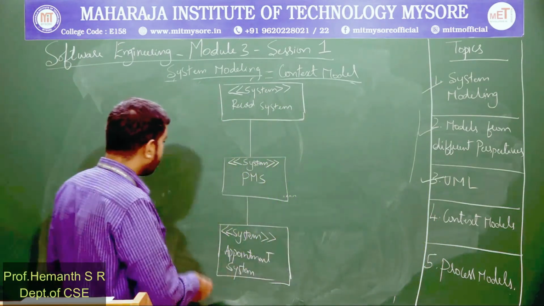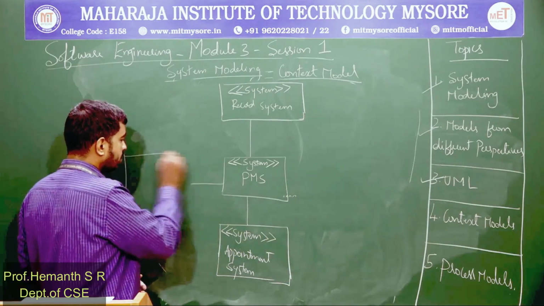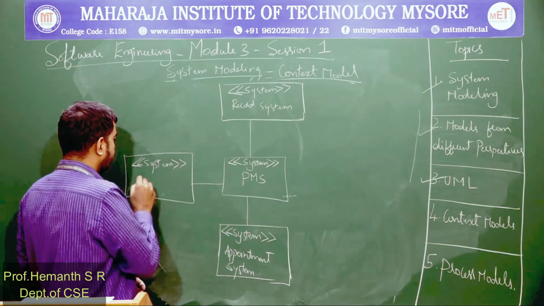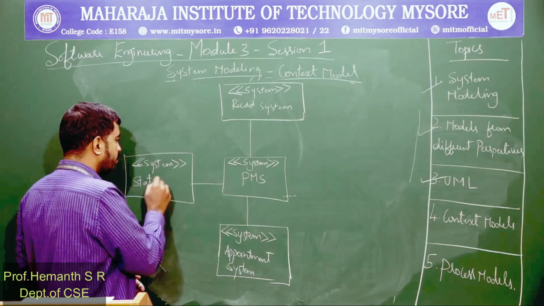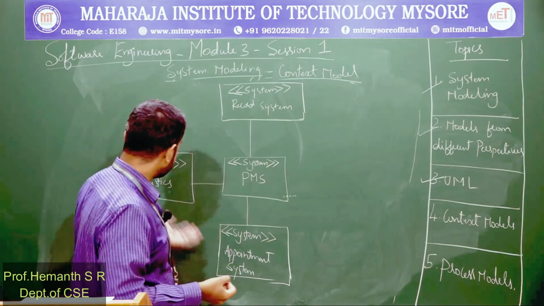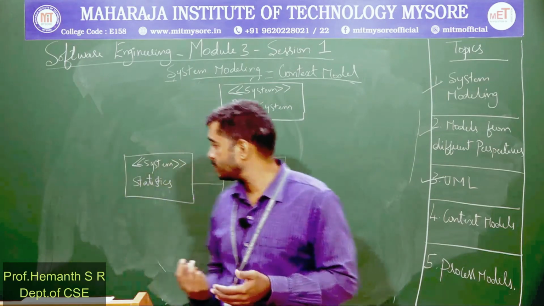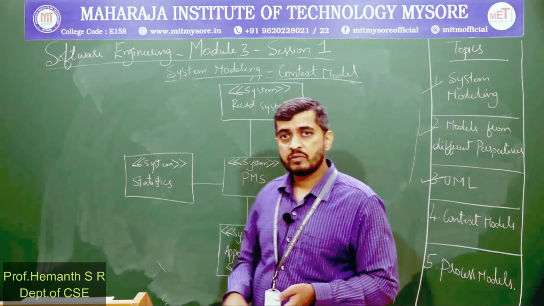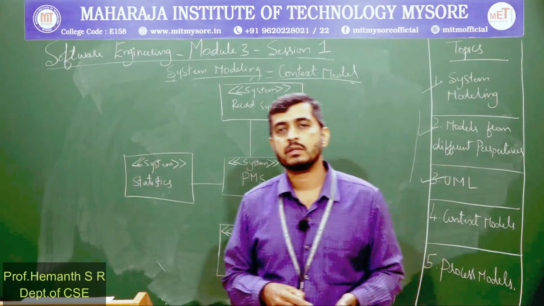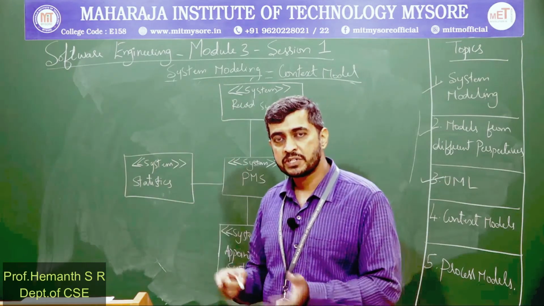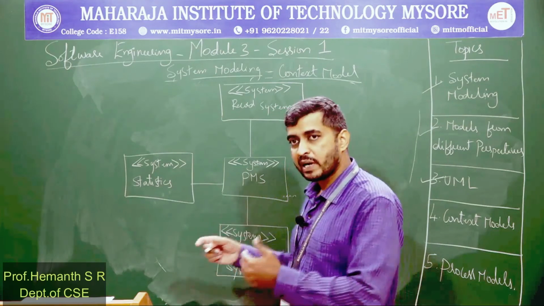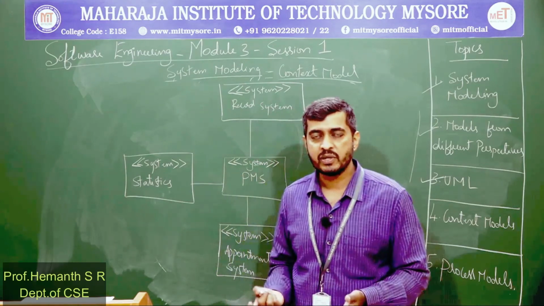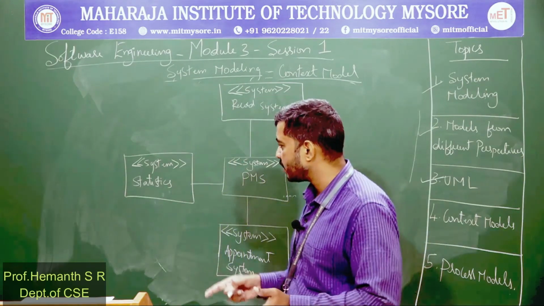Similarly, we can have a statistics system, a separate system. Now, what is the statistics system? Who will use it? What information is provided by this system? Is it related to PMS? It gives details of maybe how many patients visited the hospital, how many patients were admitted, how much billing was generated on that specific day, week, or month, whatever it is.